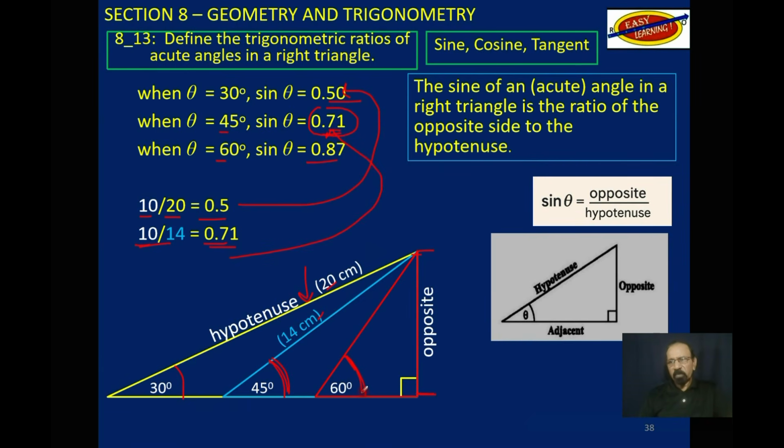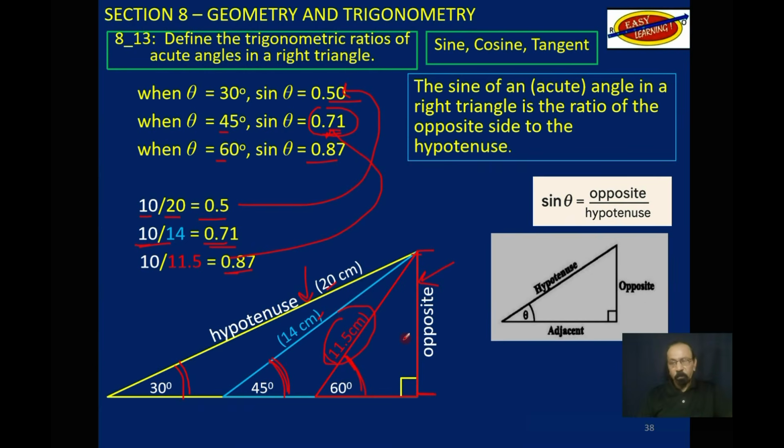And then when we come to 60 degrees, it is 0.87. This hypotenuse here is 11.5 centimeters when this is 10. Notice that 10 is very close to this 11.5. And so it is actually 0.87 of the hypotenuse. So if you find the sine of an angle, you are finding the ratio of the opposite to the hypotenuse.